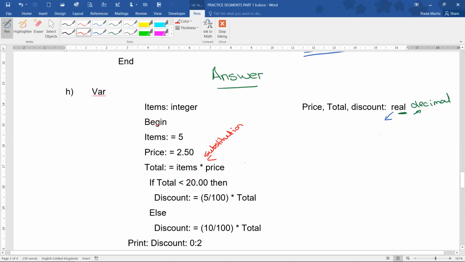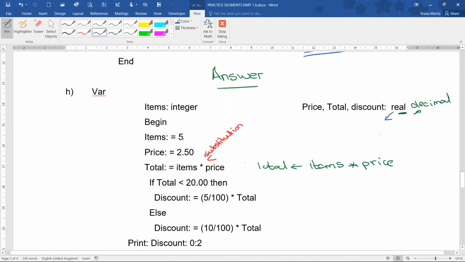So we have begin, items are 5, price is $2.50. So we do a rewrite. Total now becomes items times price. Simple substitution.